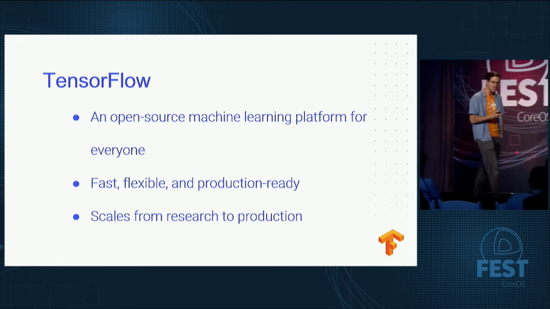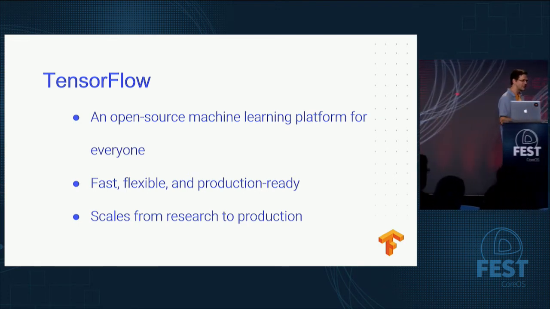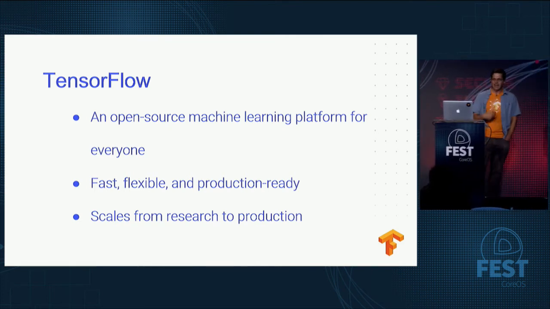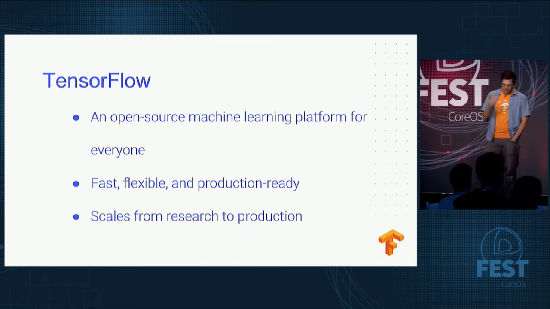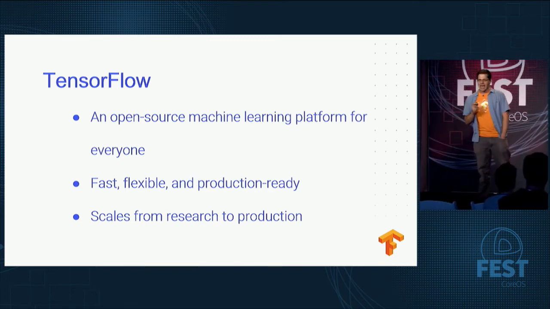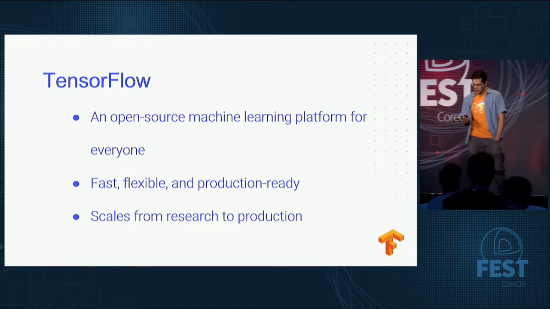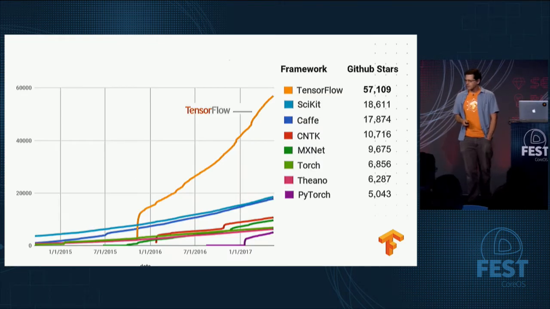And when I say production, I mean, like at my previous job, I used to translate models. I used to write a model in MATLAB and then rewrite it in C++ and then rewrite it in assembly to put on our microcontrollers. TensorFlow makes it so you don't have to do that anymore. You write your code once and it works everywhere.